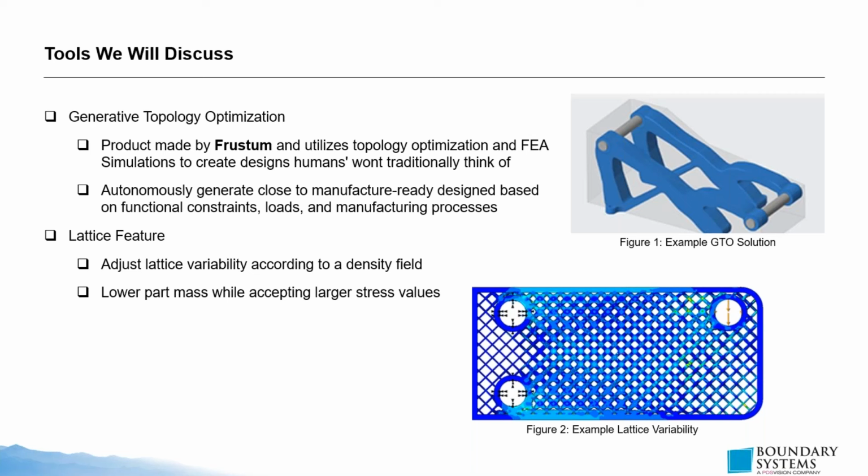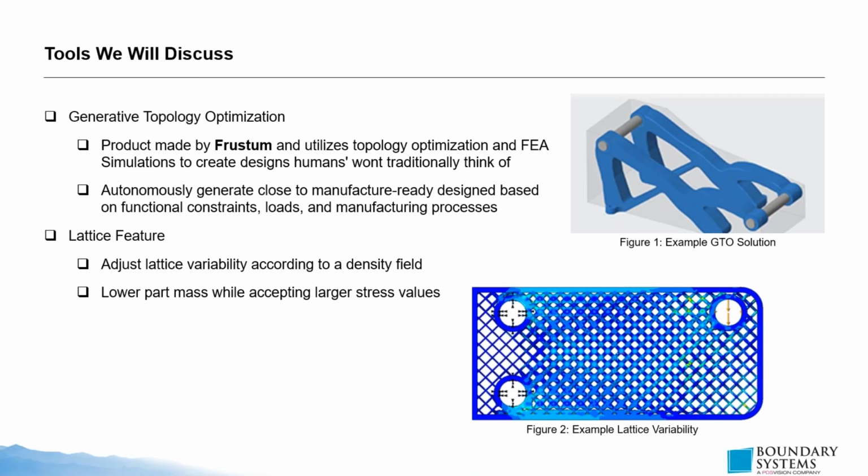For example, if you only have access to milling, you can set a linear extrude manufacturing constraint. If you have 3D printing capabilities, which is what we're focusing on today, you can specify things like a minimum crease radius or an extrusion direction. So we'll consider things like that and generate unique designs.